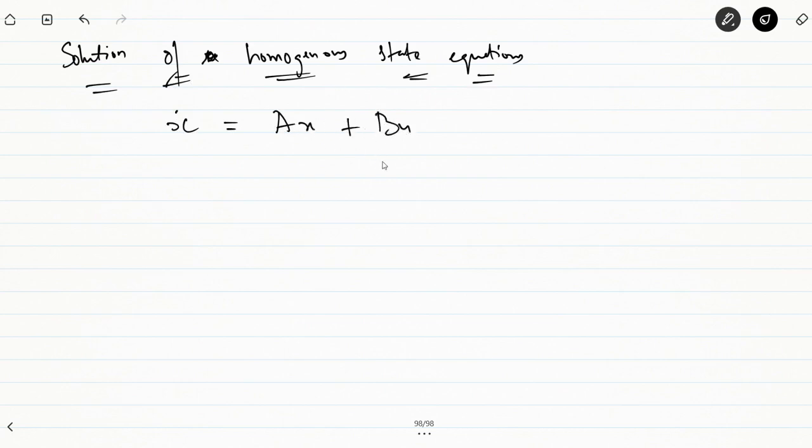In case of a homogeneous system, u is equal to 0. That means it's basically an unforced system. हम कोई भी input इसको नहीं दे रहे, so x dot will only be equal to ax. Fine. Now to find out the solution of this differential equation dx by dt equal to ax, let's apply Laplace transform to this equation.